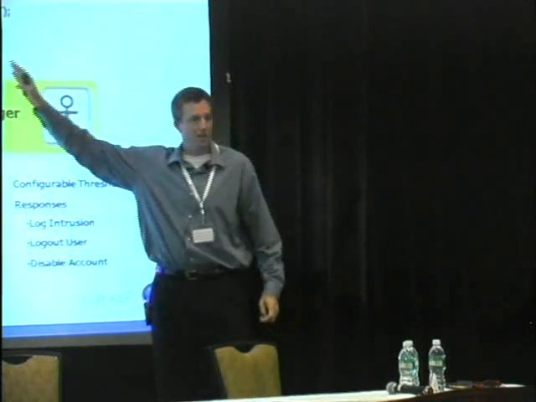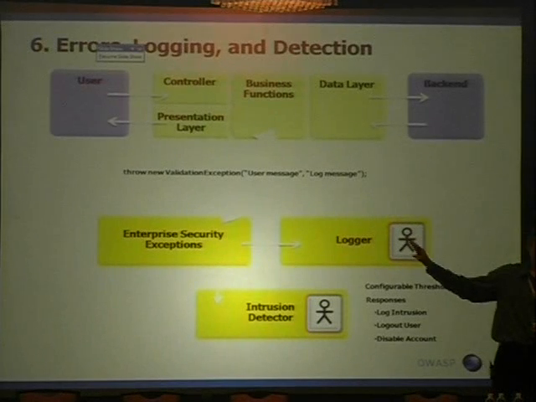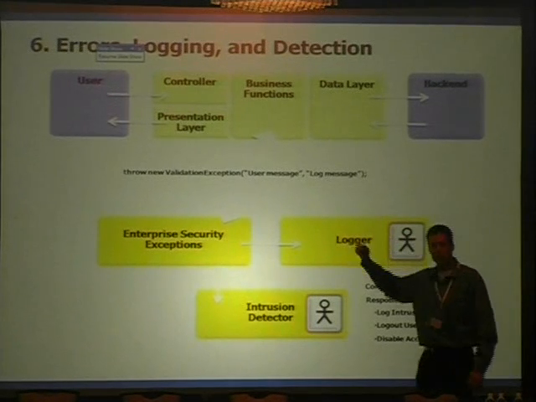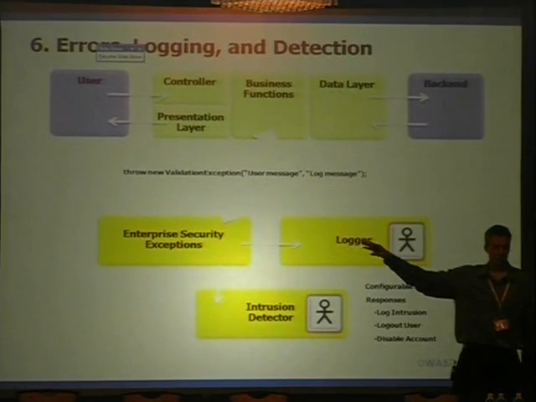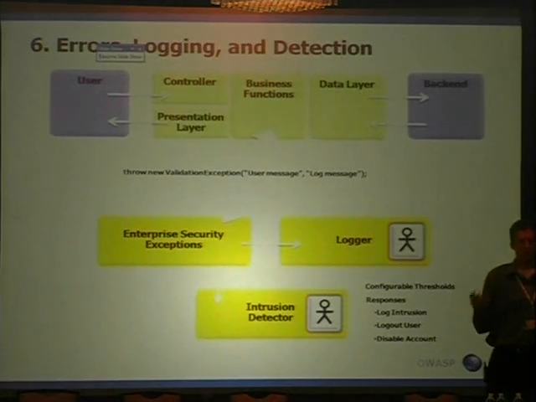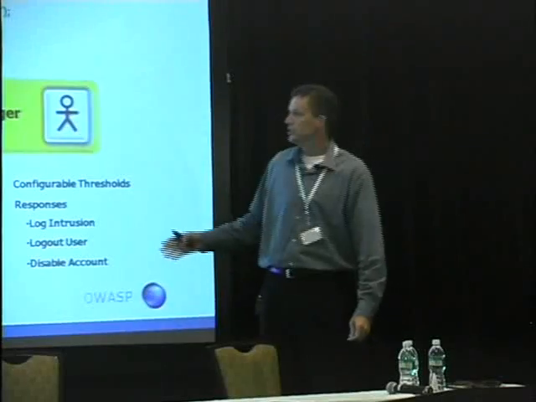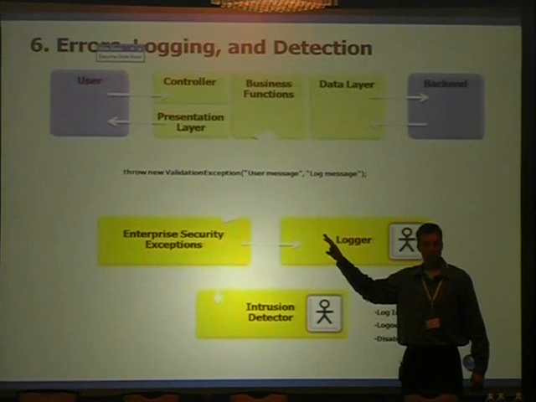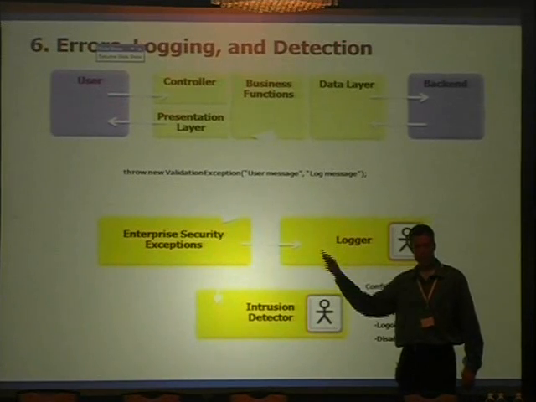And the exception handling mechanism is a simple, easy, obvious way for developers to handle that. So all you have to do in your code anywhere is throw a security exception, and you get both log messages, and you can deal with them where it makes sense in your code. So just by using ISAPI, you get a whole ton of really great log and error messages just by default.